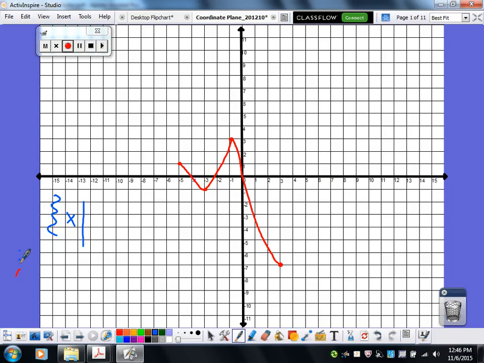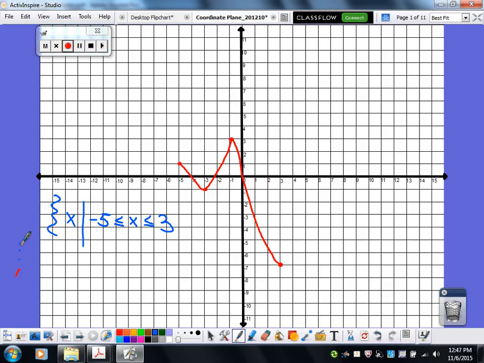The domain is from -5. All of my x values are bigger than that, and they're all smaller than what? That is the domain. This is saying your x values, which are your domain values, are all of the numbers between -5 and 3. Mr. Cavendish taught us this in math lab.